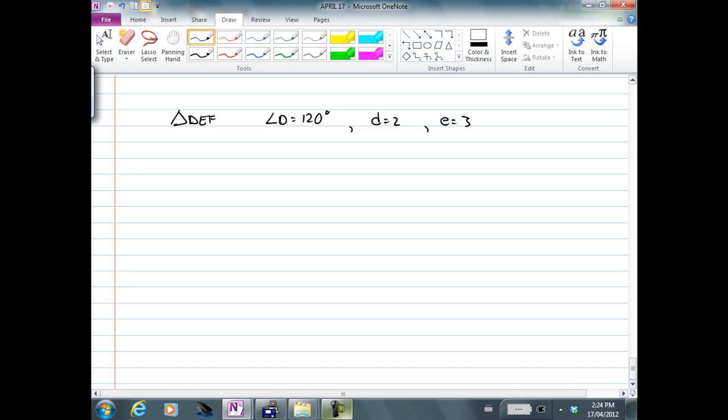Notice I'm giving you an angle side side. The moment I give you angle side side, be careful. You can have more than one possible triangle. Your job is to tell me how many possible triangles you can create. The first thing you can do is find theta and draw out your first triangle. See if it's possible.